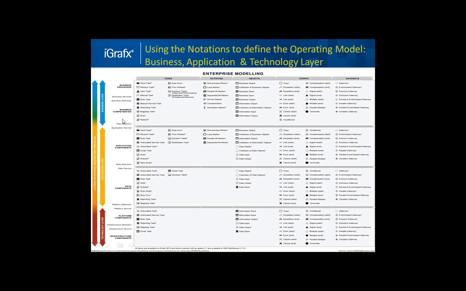This should give you an input. So there are certain aspects: automated services, automated tasks, automated data objects, information objects. This can be used for application services, your data definitions, and therefore even your data services and your data components. That's your data storage, your data output, your data input, your collections of data objects, and your data objects itself. So you can apply rules, rule tasks, rule sets, rule scripts, reporting tasks for it.